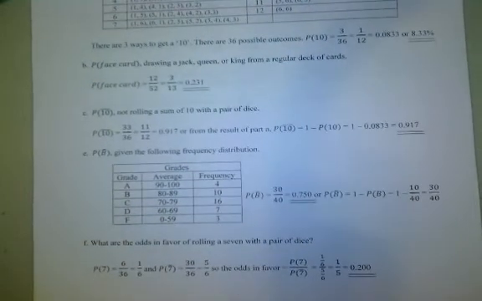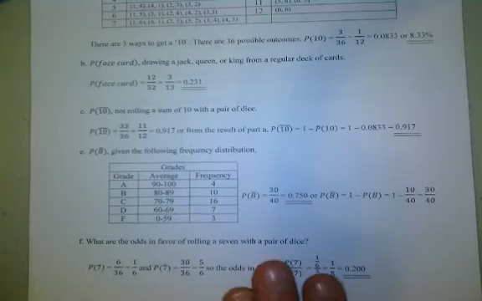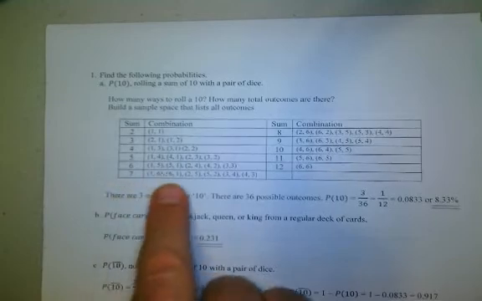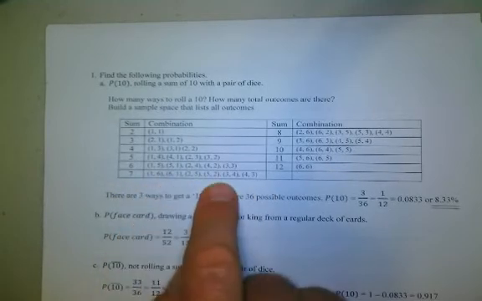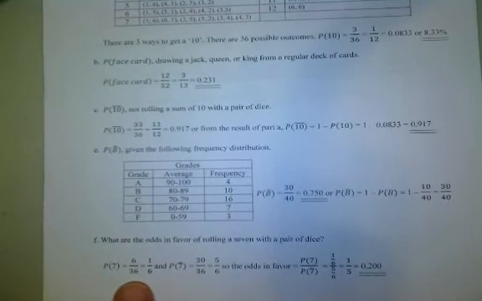All right, and then what are the odds in favor of rolling a 7 with a pair of dice? Well, again, if we go back to our table, here are all the ways we can get 7. It turns out there's 6 of them. So 6 out of the 36, or excuse me, the probability of getting a 7 is 1 out of 6.